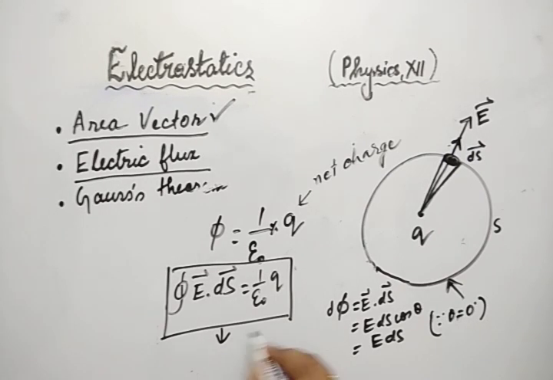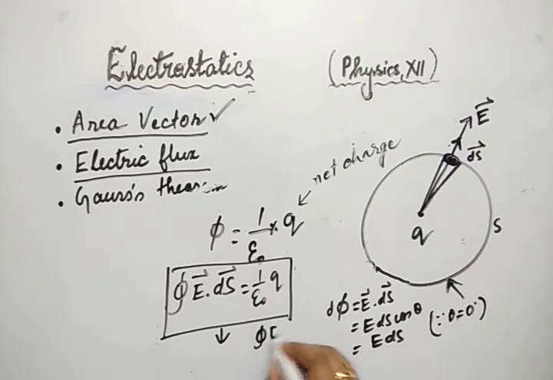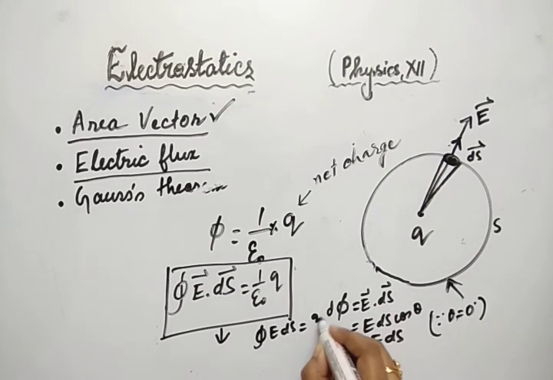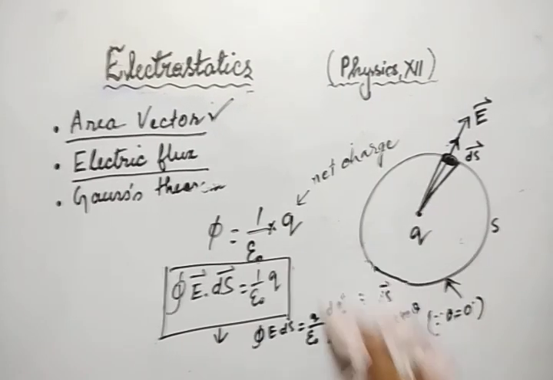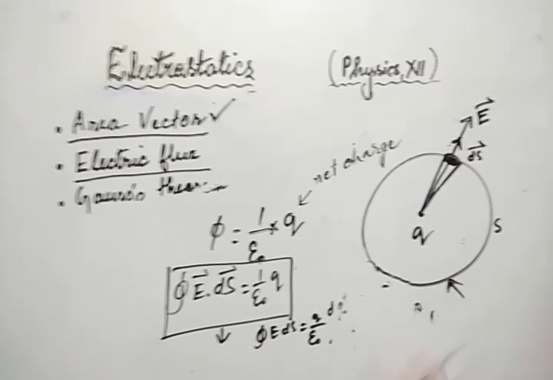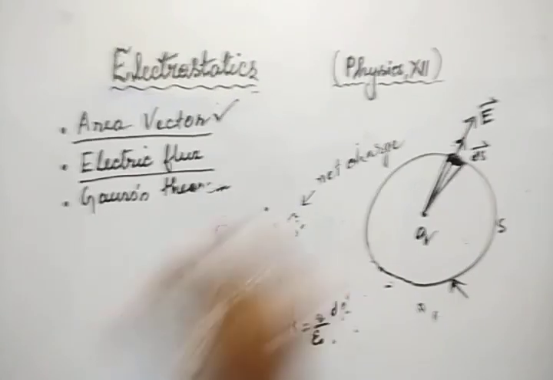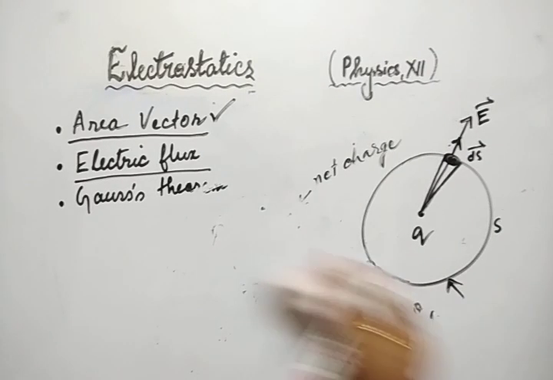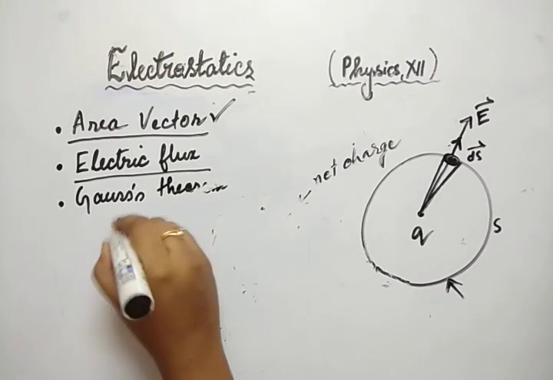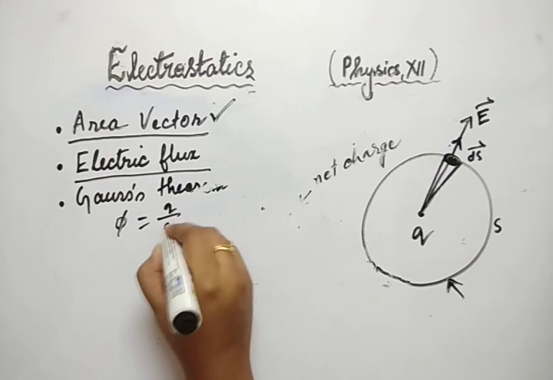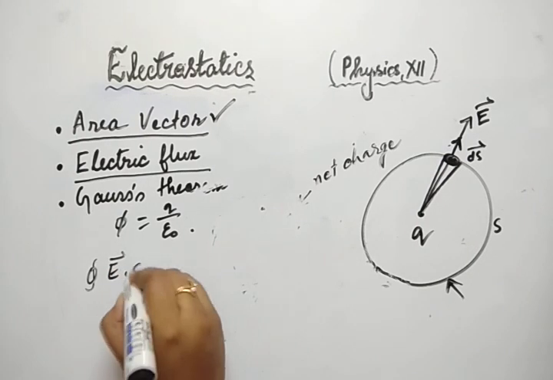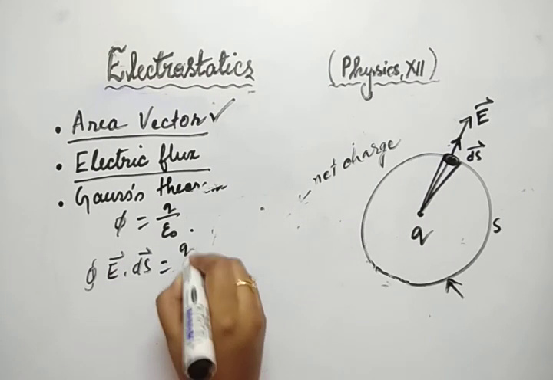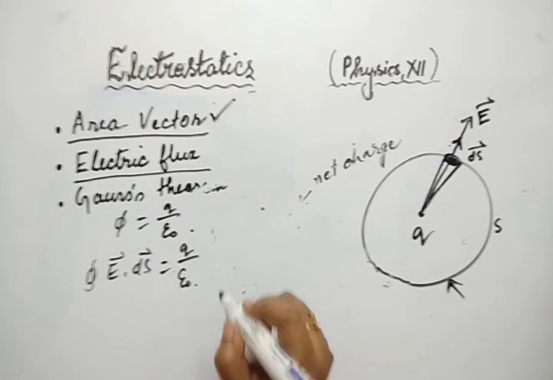So the integral of E ds equals q by epsilon naught, so phi equals q by epsilon naught.